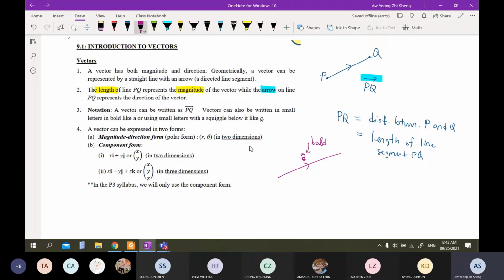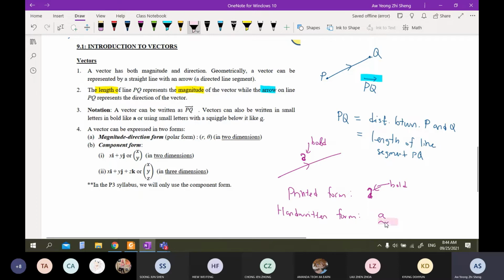However, when we write by hand, it's hard for us to write something in bold, right? So when we write by hand, we use an alternative notation. In printed form, they are going to print this letter A in bold. But in handwritten form, we are going to write the letter A with a curly line or a squiggle below it.